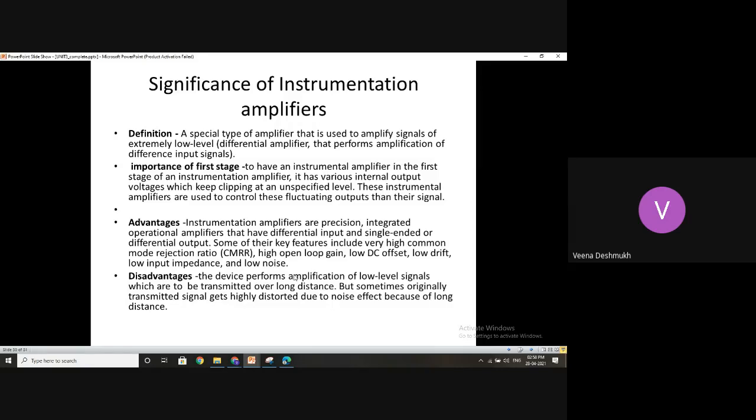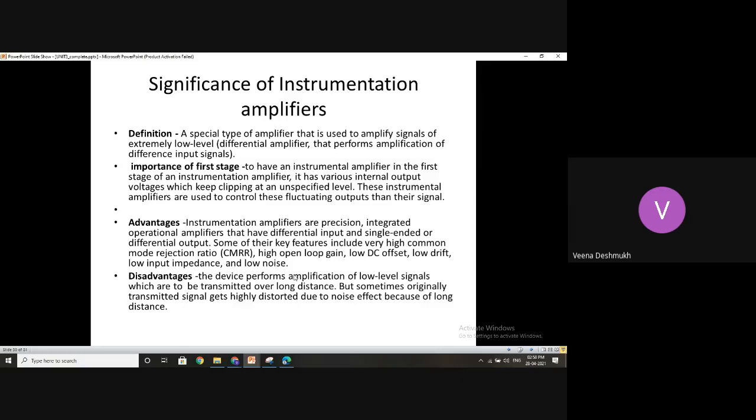Now, what exactly we mean by difference input signals is that op amps have two input terminals, inverting and non-inverting. When two input signals are given simultaneously, the difference voltage between the two terminals gets amplified. So this is the meaning of difference input signals. Always in op amps, it is the difference signals which are amplified.